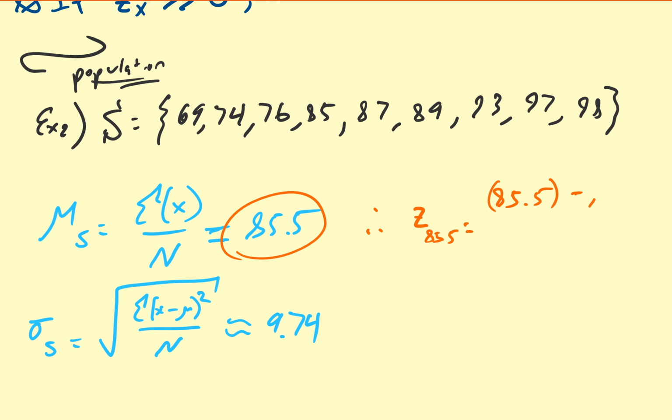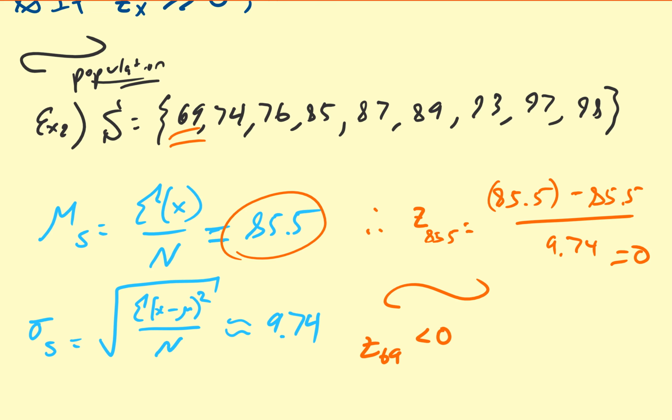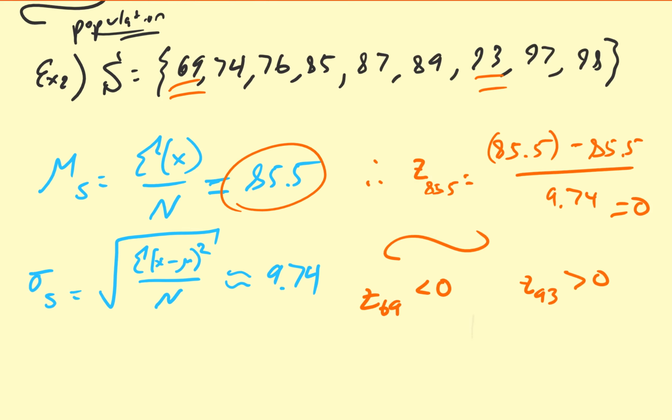Well, that's just going to be equal to 0, right? Now, if I were to pick a number such as 69, then the z-score for 69 is going to be less than 0. If I pick the z-score for 93, then I can at least guarantee the z-score for 93 is going to be bigger than 0.